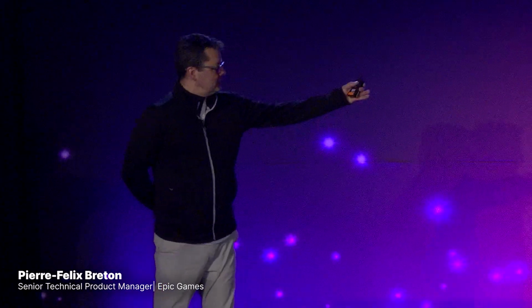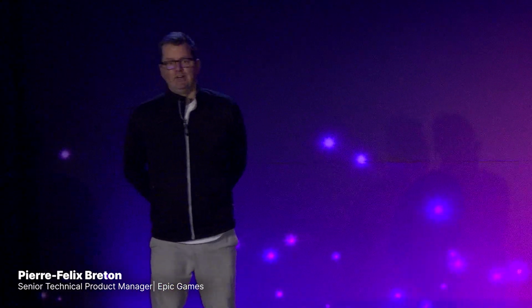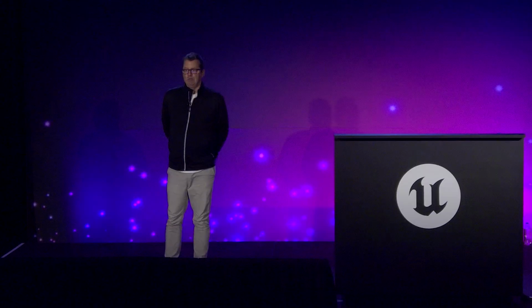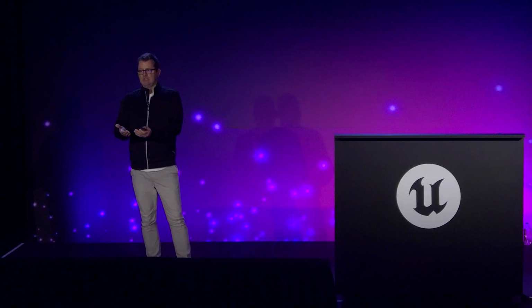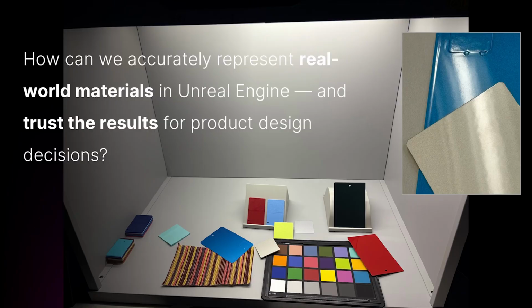Today, I would like to talk to you, as well as with Thomas from X-Rite, who will come in soon, about one problem that people who work with real-world material have, which is: I have this piece of plastic or fabric in my hands.